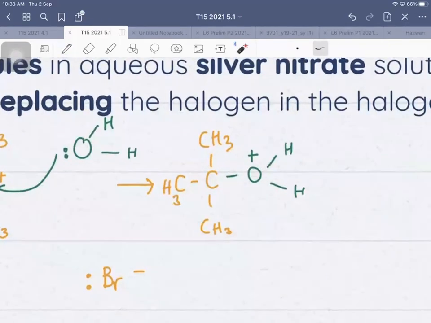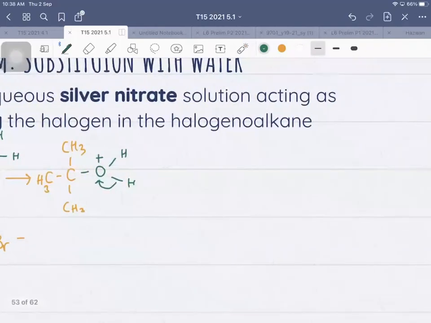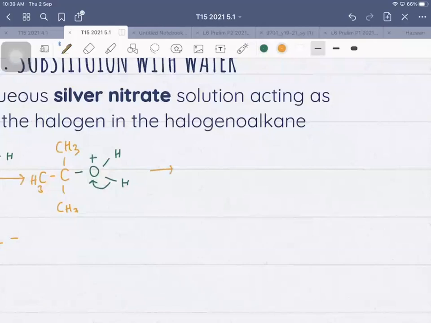Next, in order to remove that positive charge, one of the oxygen-hydrogen bond breaks and the electrons in the bond will be donated to the oxygen to leave you with an alcohol.